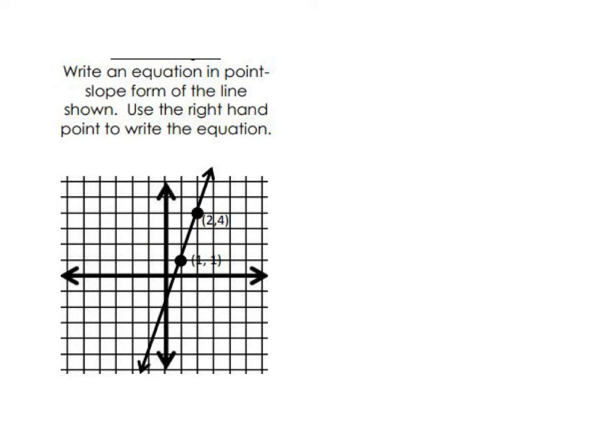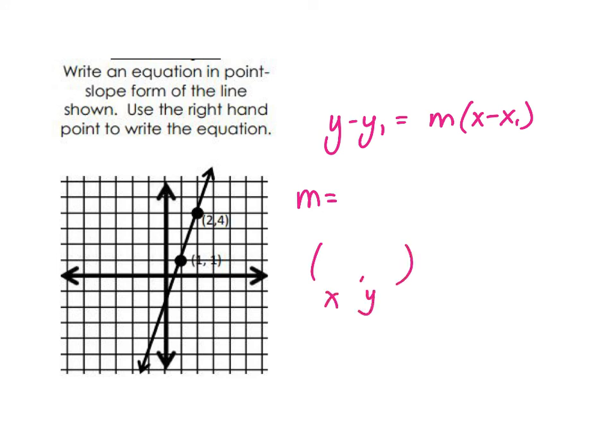All right, let's try this one. Again, y minus y1 equals m times x minus x1. So we need a slope, and we need that point, the x and y. So we're going to use the right-hand point, which is this one. So our slope, if I do rise over run, is 1, 2, 3, a rise of 3, and a run of 1.